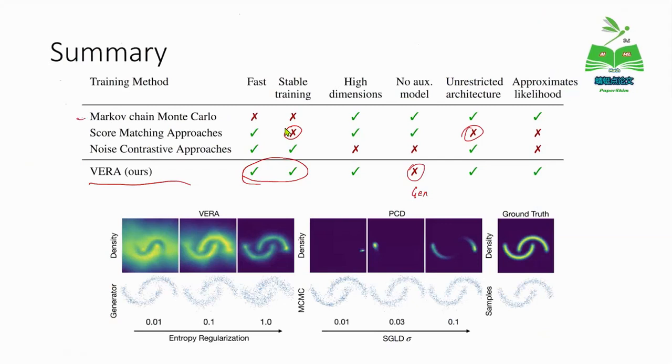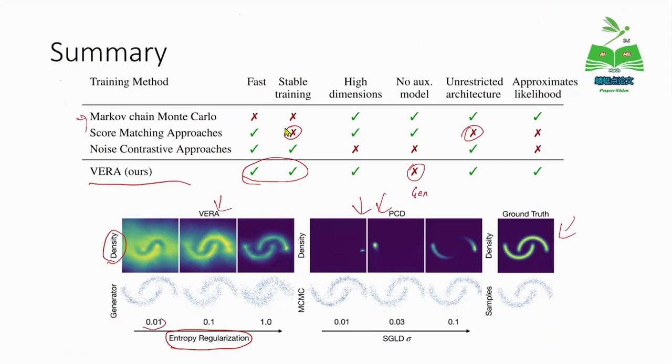And compared with MCMC, again the problem. Their VERA can approximate the density much better, much closer to the ground truth, but it's also related to the entropy regularization.